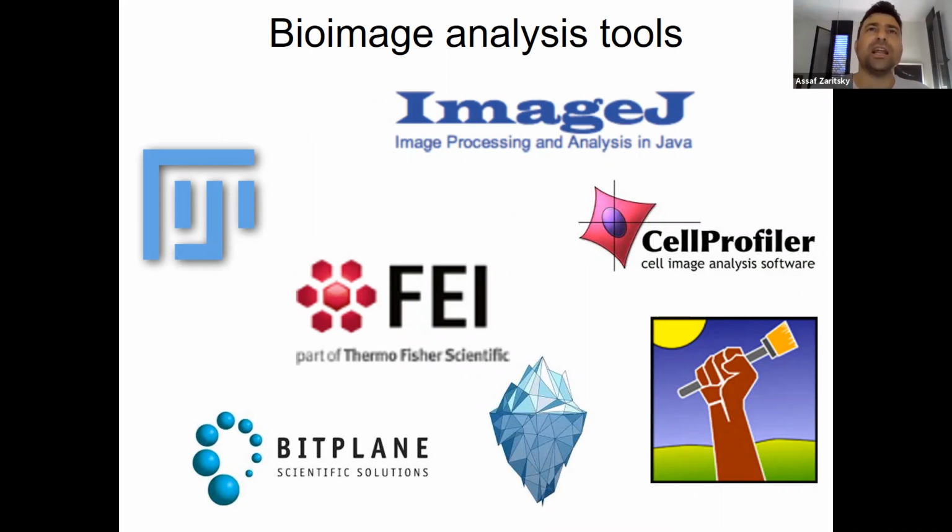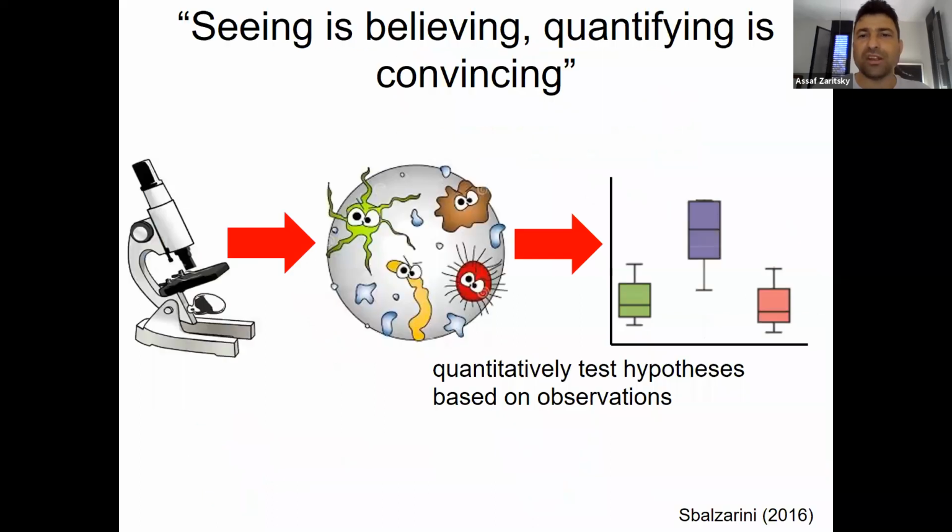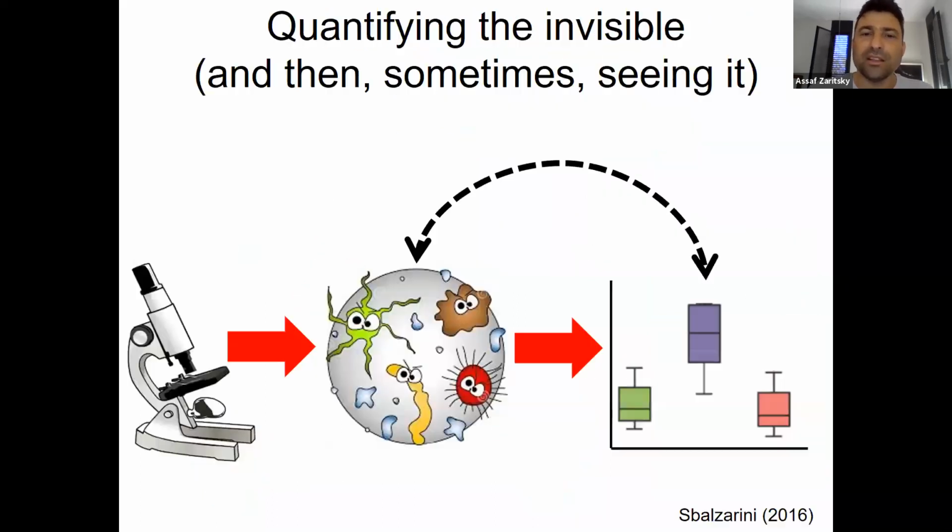We have these tools which allow us to measure something specific that we want to measure, and then we can put these numbers. The problem is that a lot of the cell biology is too complex. Our eyes are not trained, because the processes are so complex that we cannot see them with our eyes and say, I want to measure this and that, and please build me a tool to just measure what I see with my eyes.